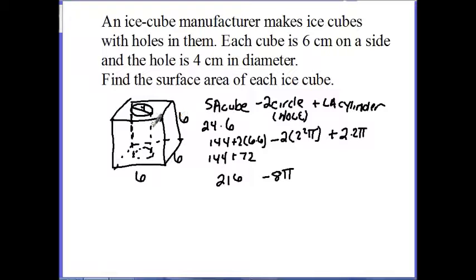And the height is going to match with my cube, which is going to be 6. 4 pi times 6 is 24 pi. Combine my like terms, and my final answer is going to be 216 plus 16 pi for a total surface area.